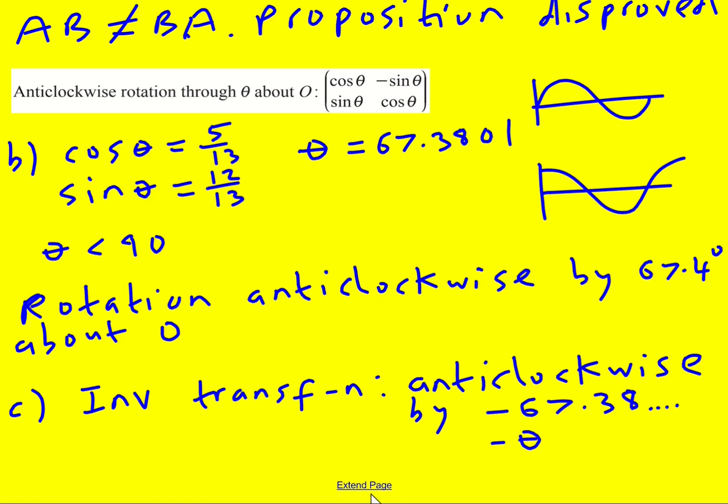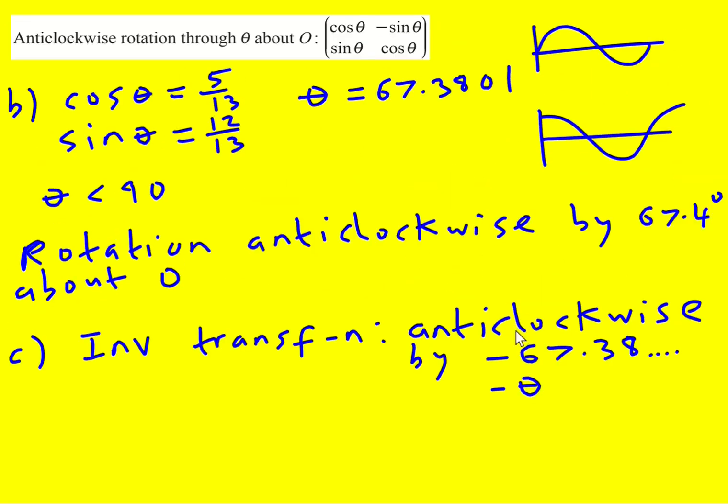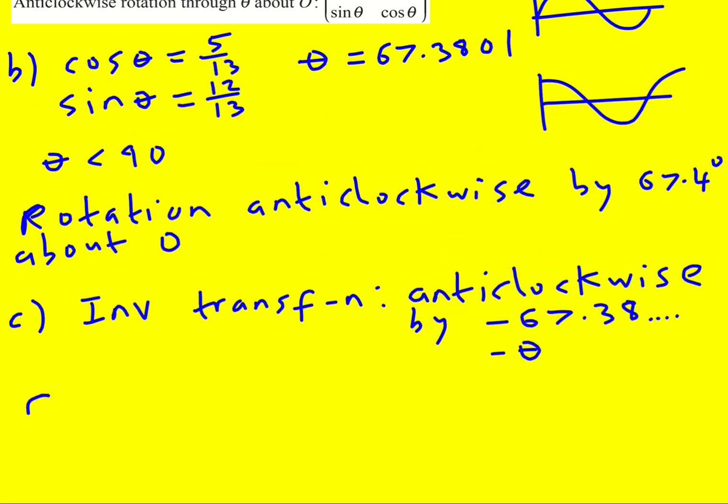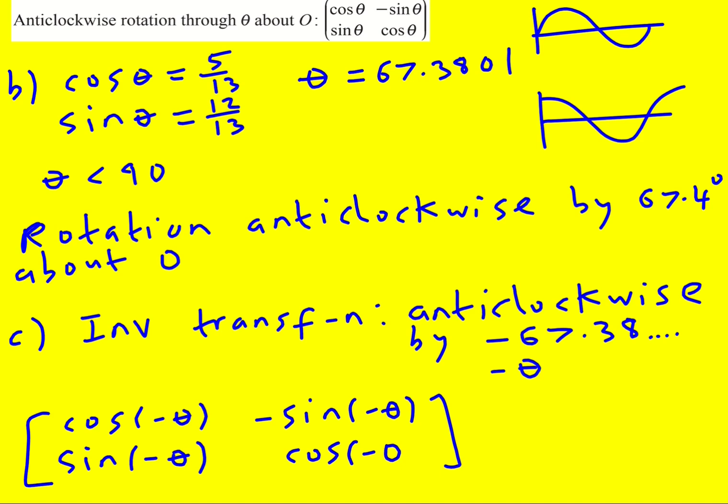You could also do anti-clockwise by 360 minus this. It's a little bit more work. Actually, the quickest way to do it is going to be simply to do the following. It's going to be cos minus theta, minus sine minus theta, sine minus theta and cos minus theta.